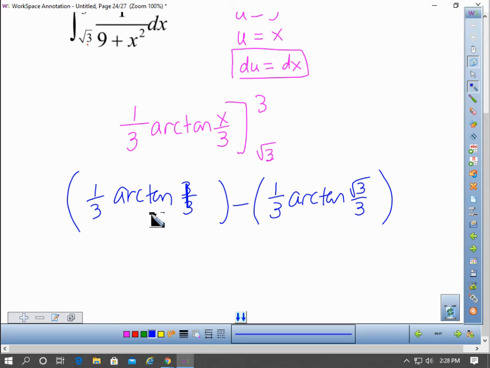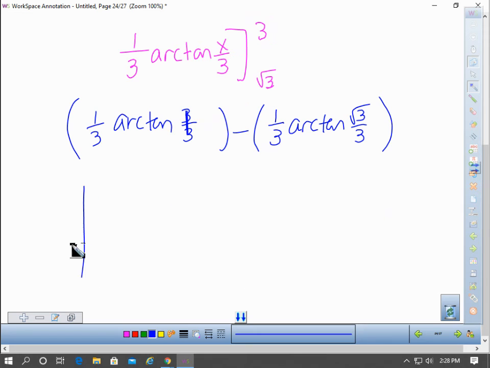So what is that asking for when it's asking for the arctan of 1? Well, it's asking for on the unit circle, which ordered pair on the unit circle, when you do the tangent, gives you a value of 1? And remember, tangent is when you're doing y over x. You're dividing the y coordinate by the x coordinate.